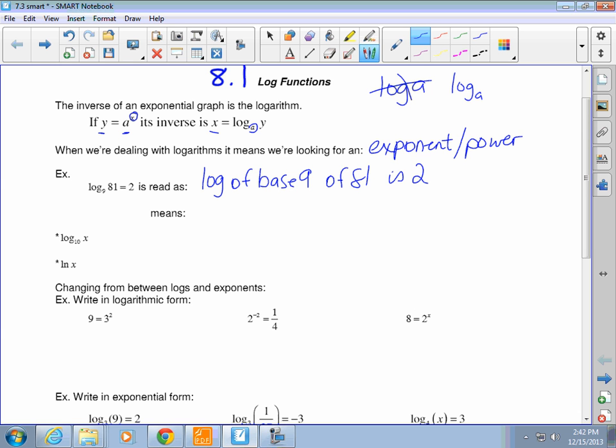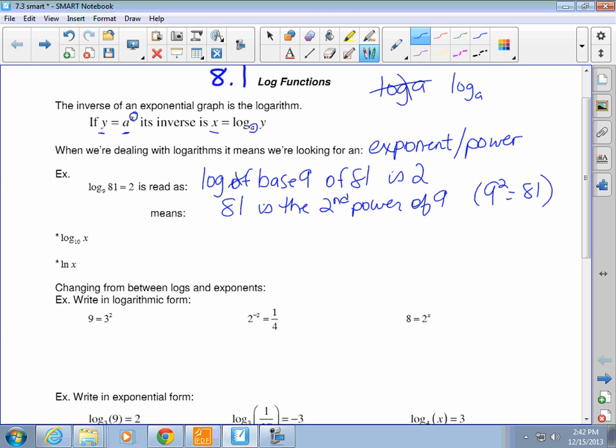You don't really need the first word "of" in there. You could just say log base 9 of 81 is 2, which means 81 is the second power of 9, or 9 squared is equal to 81.